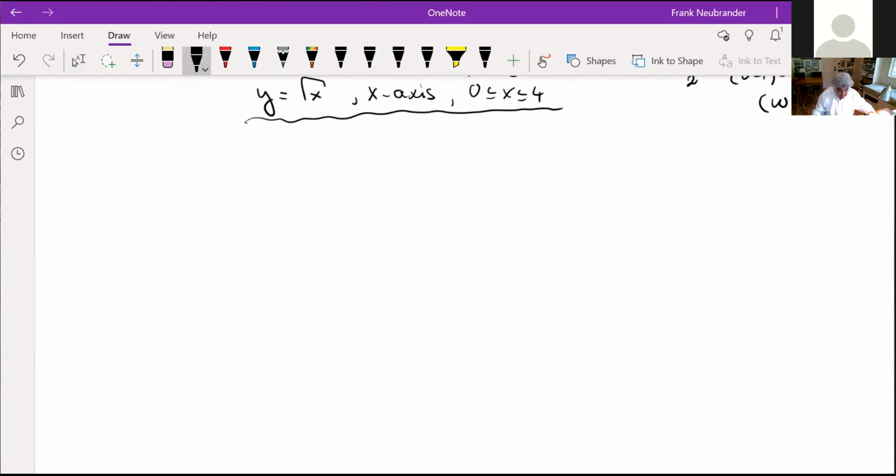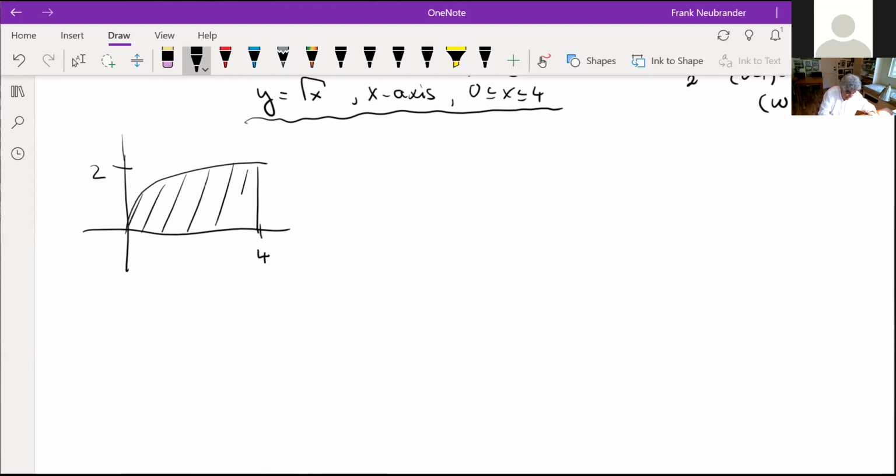One curve, the x-axis, another curve, and everything between 0 and 4. So we have the root function up to x equal to 4. So we talk about this region.